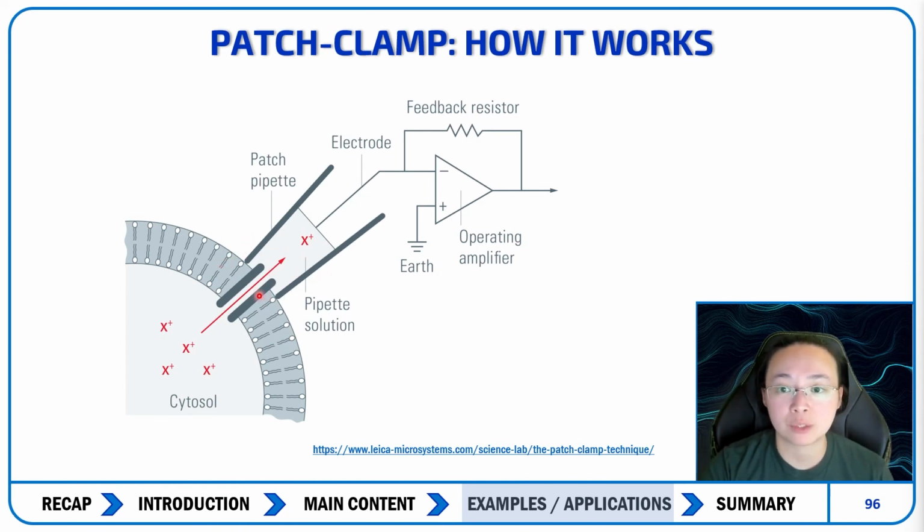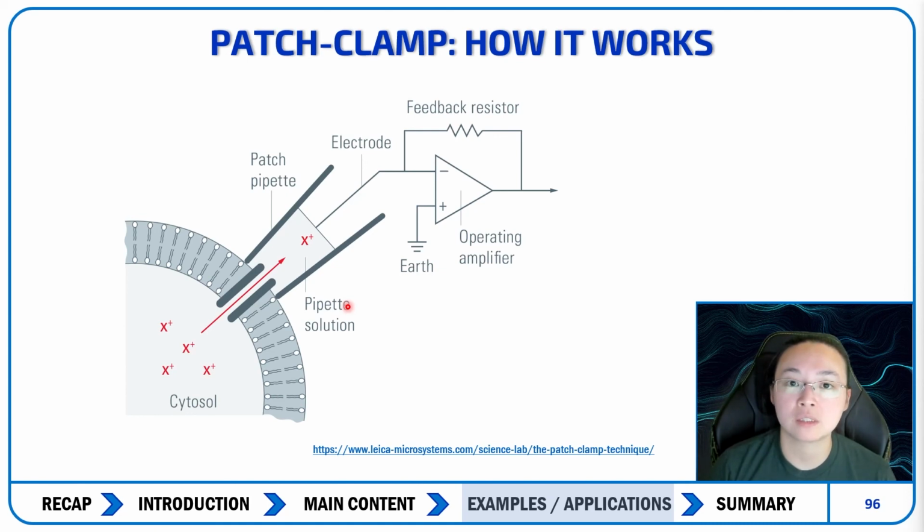In this example, there's only one ion channel. And so the currents will flow into the pipette and can be recorded by the electrode that is within the pipette. And that electrode is connected to a highly sensitive differential amplifier. In the voltage clamp configuration, the current is then injected into the cell through a negative feedback loop to compensate for any changes that are being recorded in the membrane potential. So what we are going to notice is the recording of current.